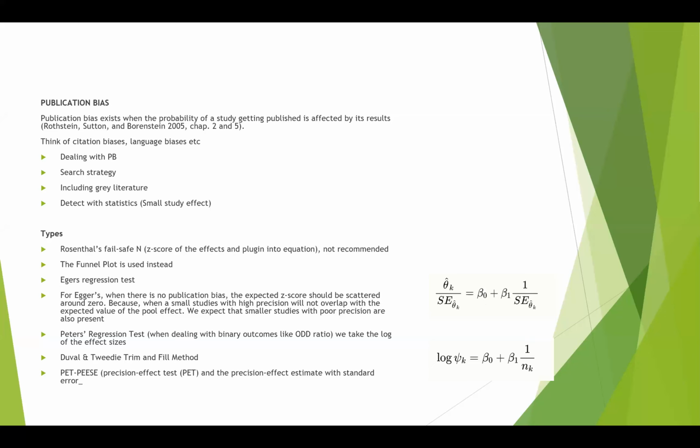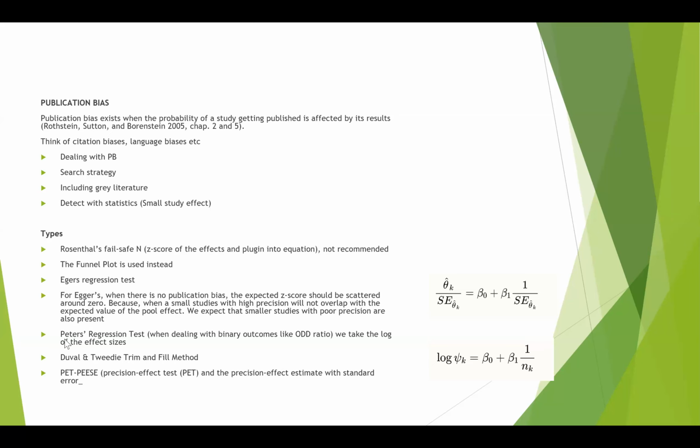However, what I've reported here is normally good for the Egger's test, and is good if you're dealing with mean values. How about when you're dealing with binary outcomes like risk ratios, odds ratios, and some forms of proportional meta-analysis like prevalence? In that case, we cannot use the Egger's test. I think it can give us some aspect of it, but it's going to give us some biases. So there's another one which is called PTES.